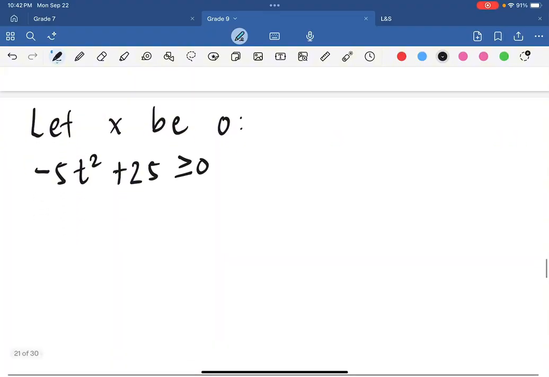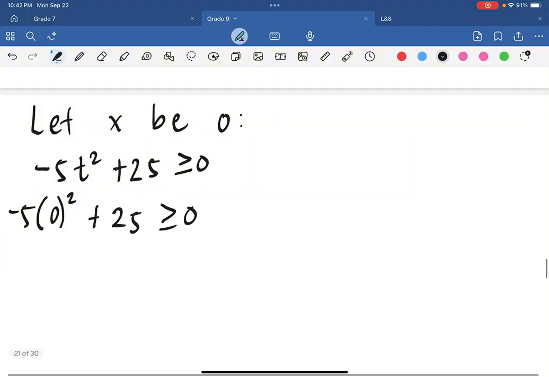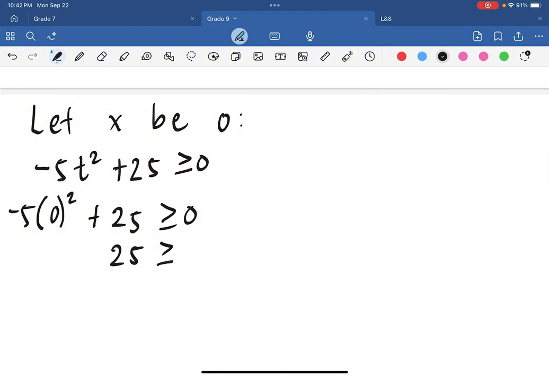Now, if we let x be 0, we have negative 0 squared plus 25 is greater than 0, which means the result of this is 25. Is 25 greater than 0? Which is actually true.